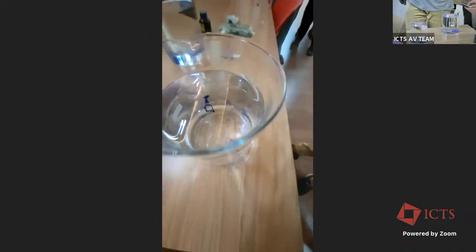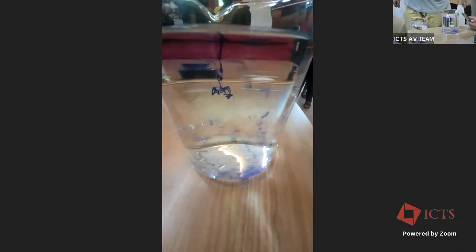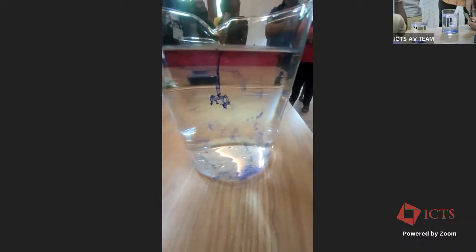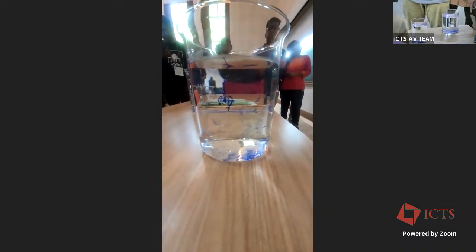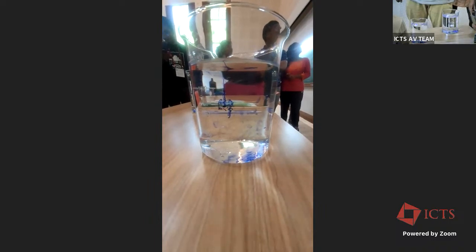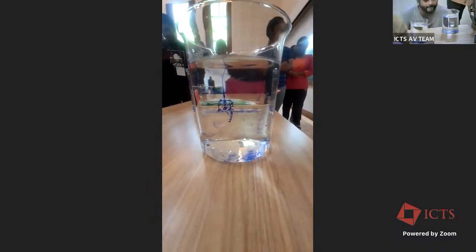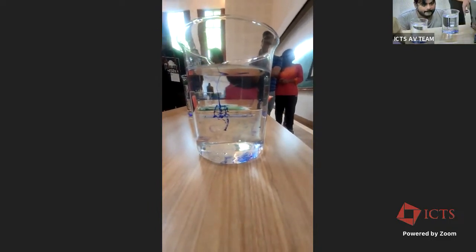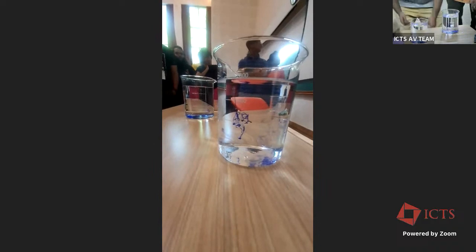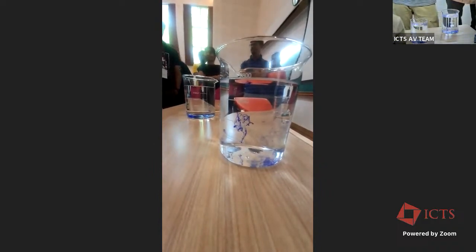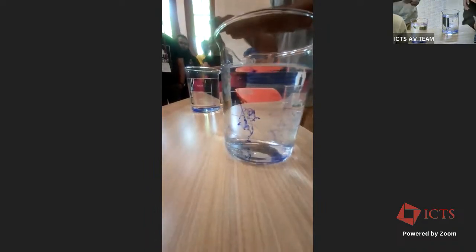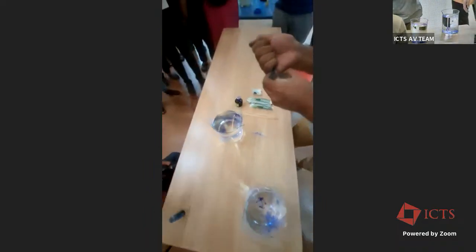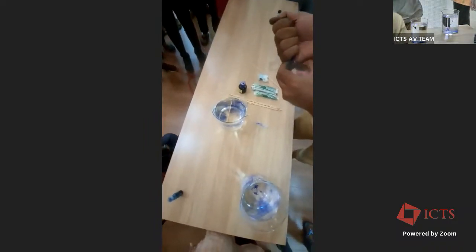Nice. Little bit from side. The white clothes. More at night. Yeah, perfect.